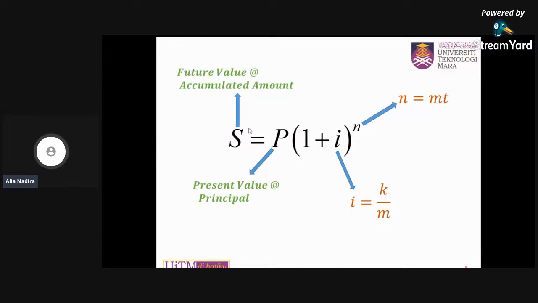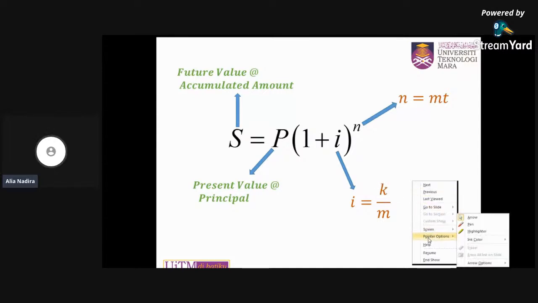P is the original amount lah, principal dia, nilai original amount yang you invest. Okay, 1 plus I. Okay, I is actually K over M. So what is K? K is the rate, kadar. Kalau simple interest, kita ada R. But in compound interest, we use K. So K is in terms of percentage.